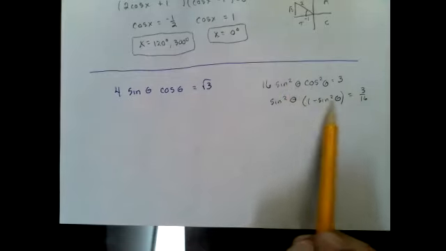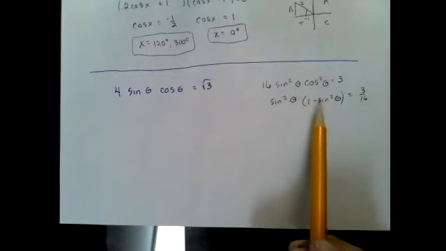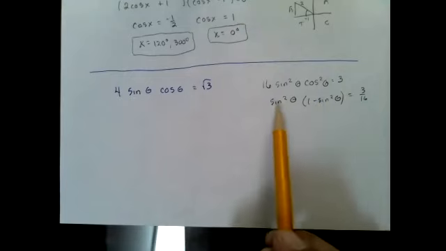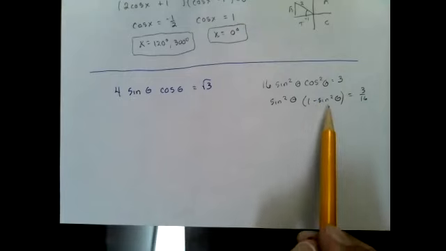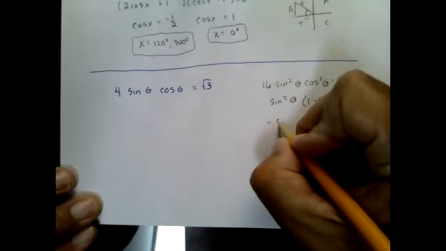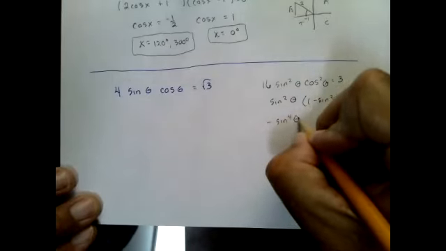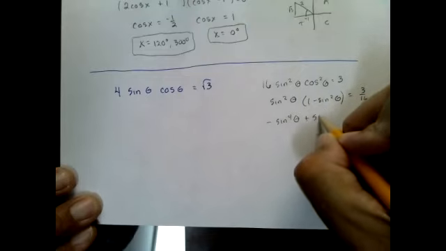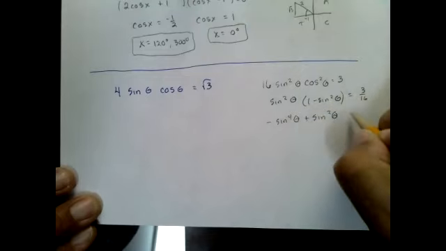I have it all in terms of sine. I could distribute, and I'd have negative sine to the 4th of theta plus the sine squared of theta minus 3 over 16 equals 0.